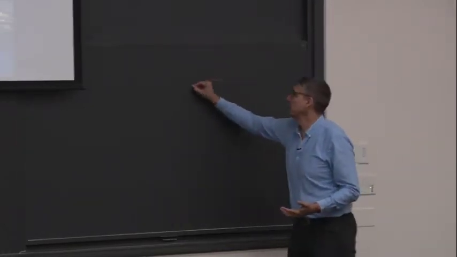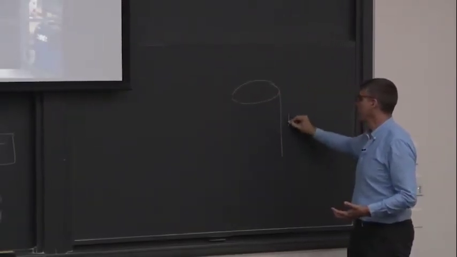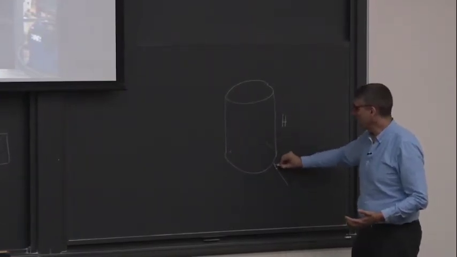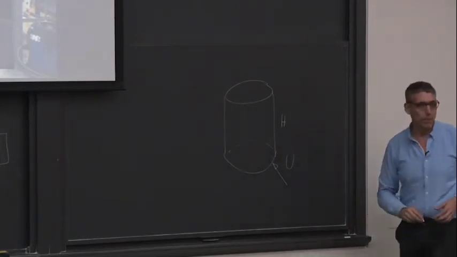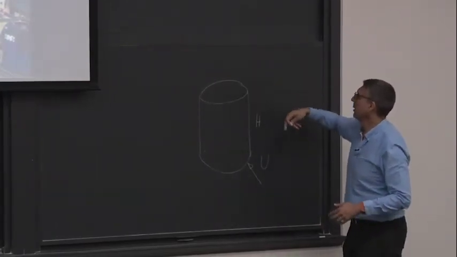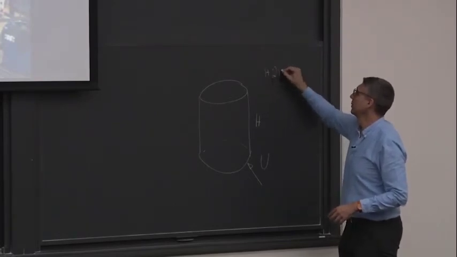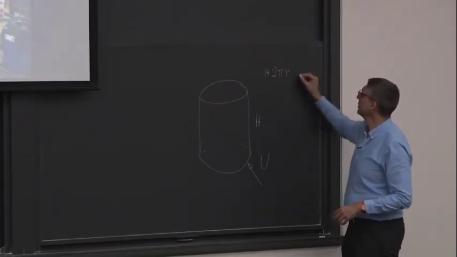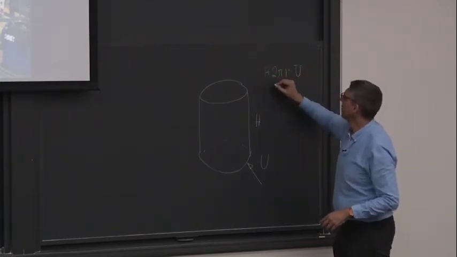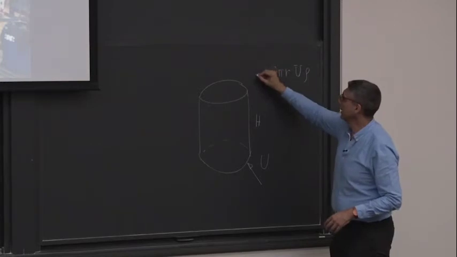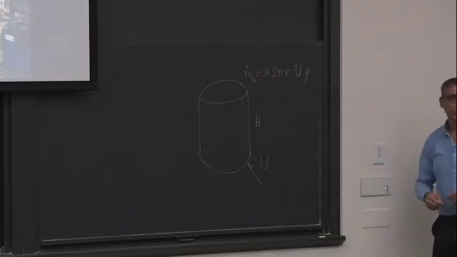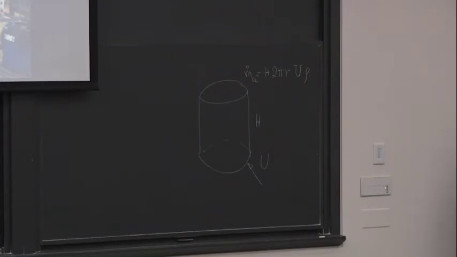So if I do a cylinder of height h, okay, and I know what the radial velocity is, could I do area, h 2 pi r, times u, times the density equals M a? Where u is an average velocity. Of course.